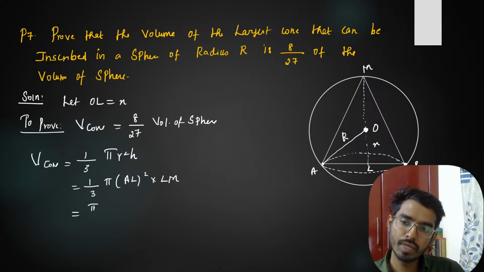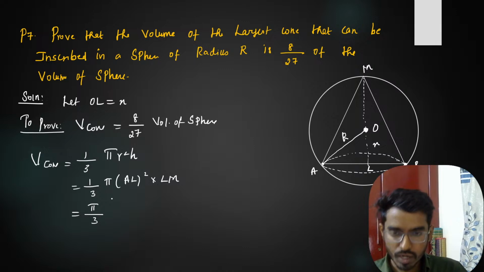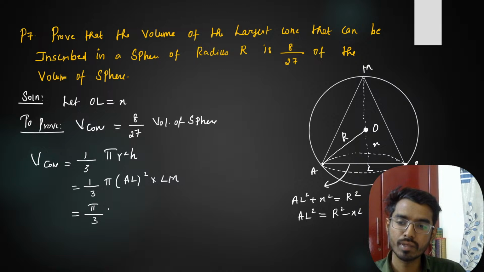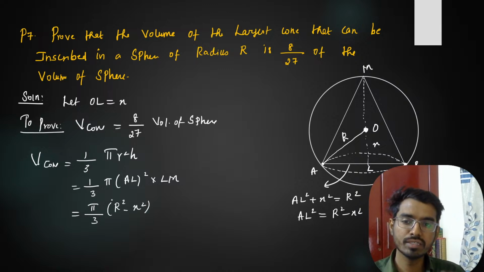So we have pi by 3. Now what is AL square? AL square plus x square is equal to r square. That means AL square is r square minus x square.